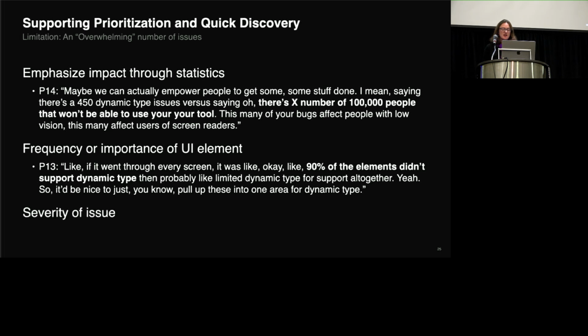And then also by severity of the issue, where we have some predefined categories. Maybe a button that's slightly too small, target size might be less important than if you're missing accessibility labels across the whole app, for example.